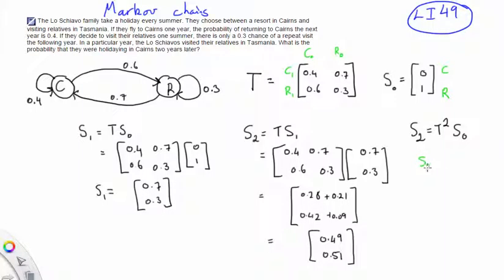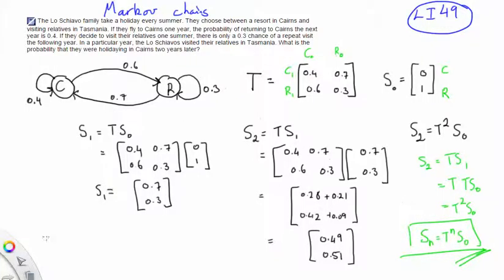If S2 equals T times S1, well, we know that S1, we can sub this in over here, is T times S naught. So that becomes T squared S naught. Or in general, we say Sn is T to the power of n S naught. So that's an important equation to remember.